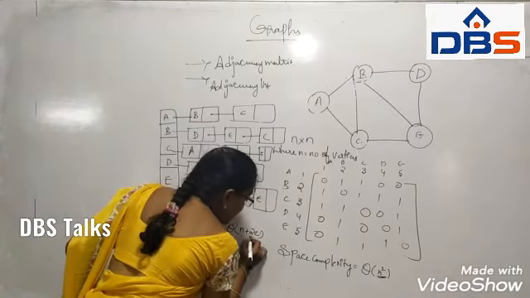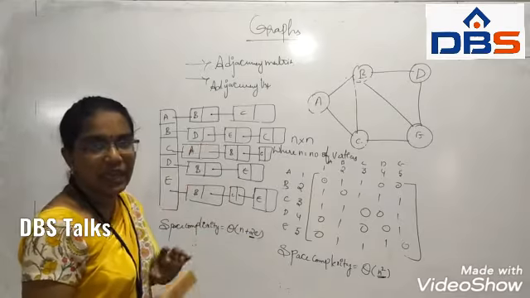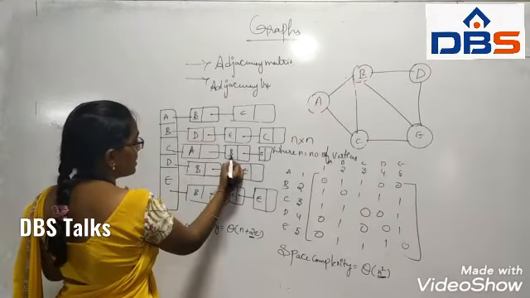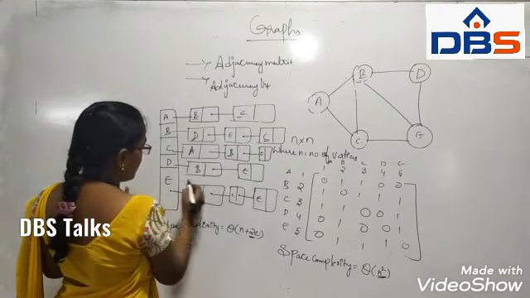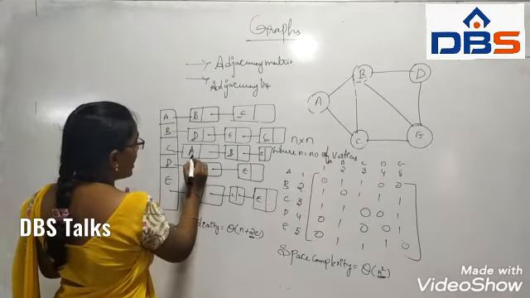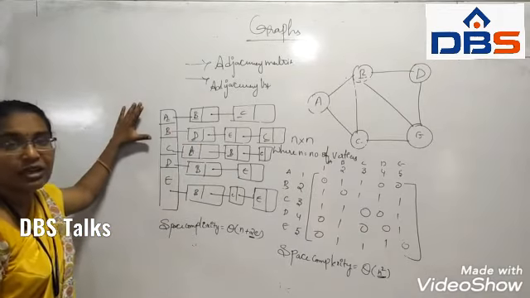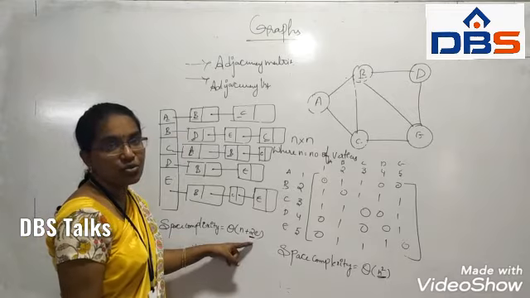Why do you have to represent this with a 2? See, if you observe any node, it will come 2 times. See here, this B comes here, C comes 2 times, D comes 2 times, here and here, A comes 2 times. Just like this, if you observe any node, it will come 2 times in the list. For that, we have represented with this 2e.